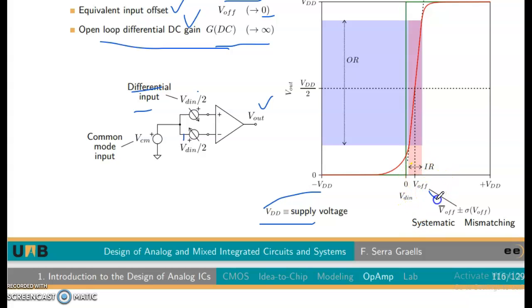V of equals V of bar plus or minus delta V of. This is V bar. Here this is VDN, here plus VDD, here minus VDD, 0, V of.